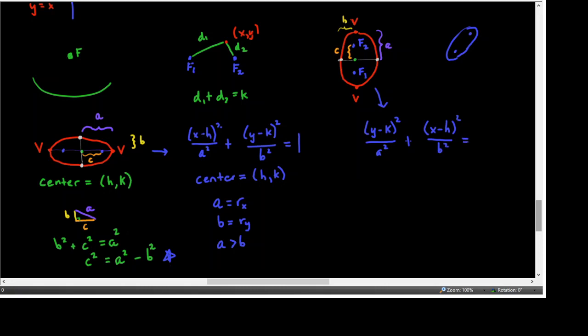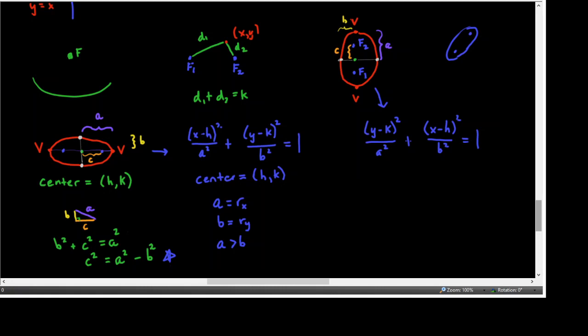And I just noticed in the book they have these two fractions that are added to equal 1 in the opposite order. They put the x fraction first, the y fraction second, which isn't really a bad idea, because when looking for the coordinates of the center, you want to rely on the fact you can read left to right, and you want to do the h first and then the k second. And the order I have it in, you'll have to read from right to left to get that. But the center is still h, k.